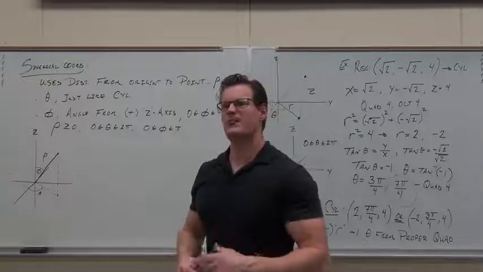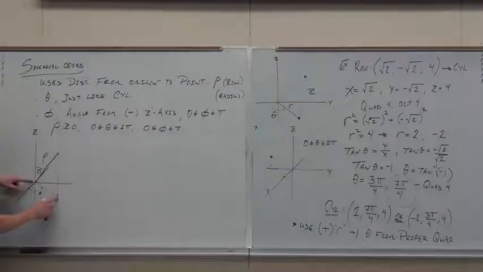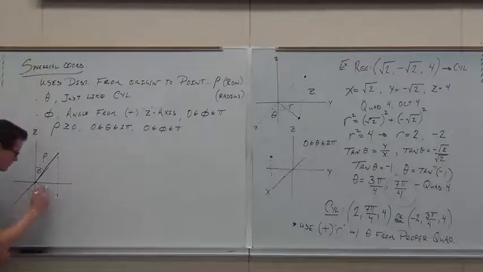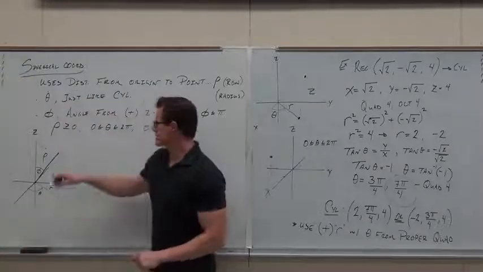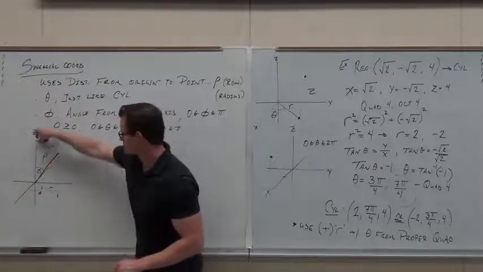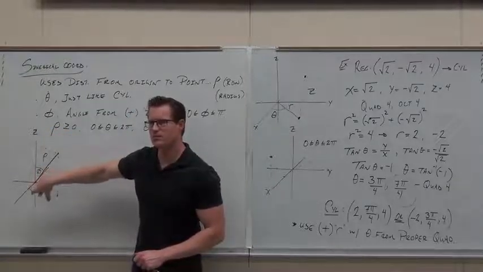By the way, if I did want to define it, what would that guy be? That would be r. Do you see that this distance, if this is parallel to this, if this is right from here, do you see that that distance is the same as r?